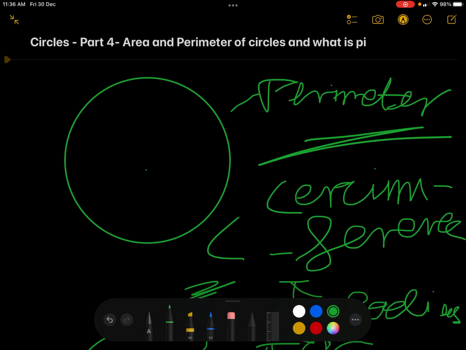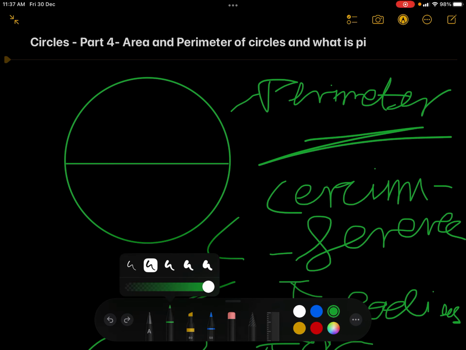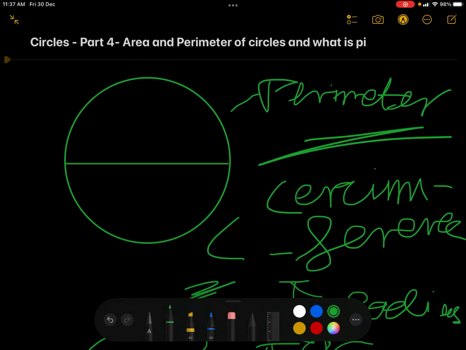We all know what is the diameter, no? Let's draw a diameter like this. Now my center shouldn't be here really, it should be here, because a diameter always passes through the center. So let's say that is the center point O. So AOB is the diameter.